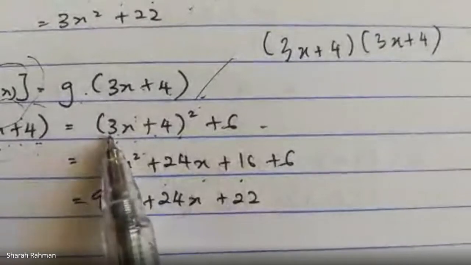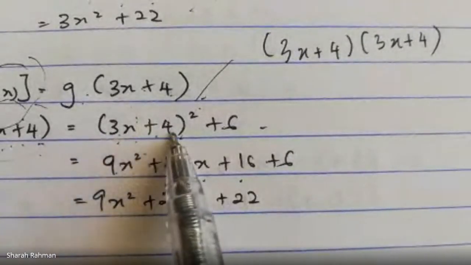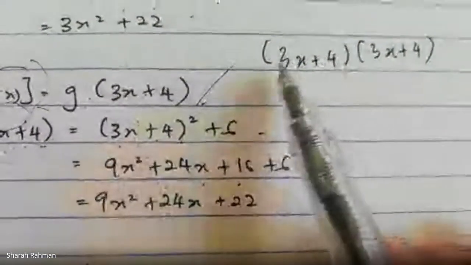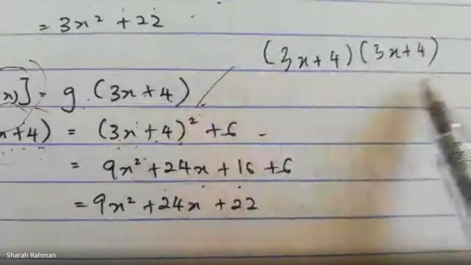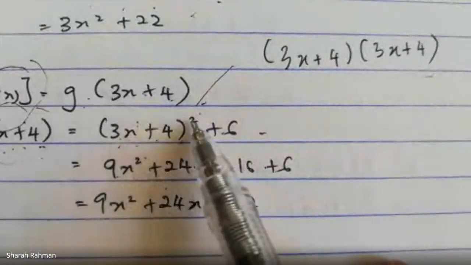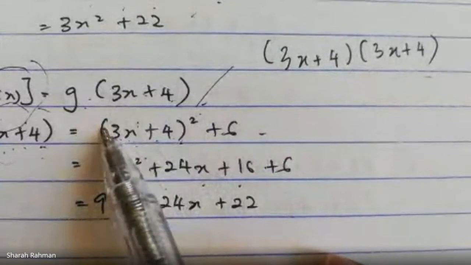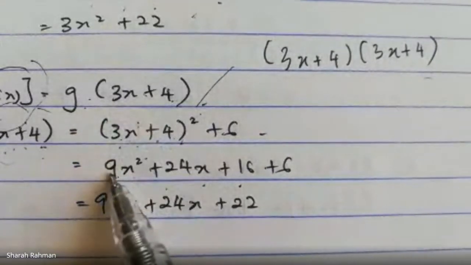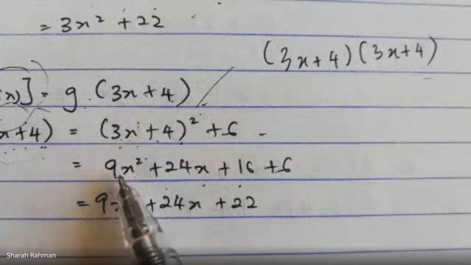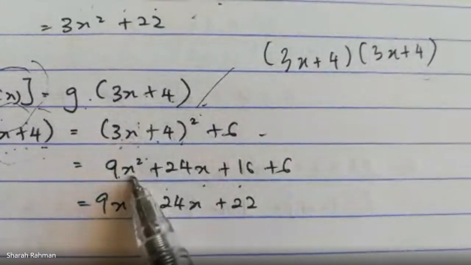So this one we have 3x plus 4. So to expand without using this method, I use 3x squared, then this 3x squared, we will get 3 squared is 9, x squared we get x squared.